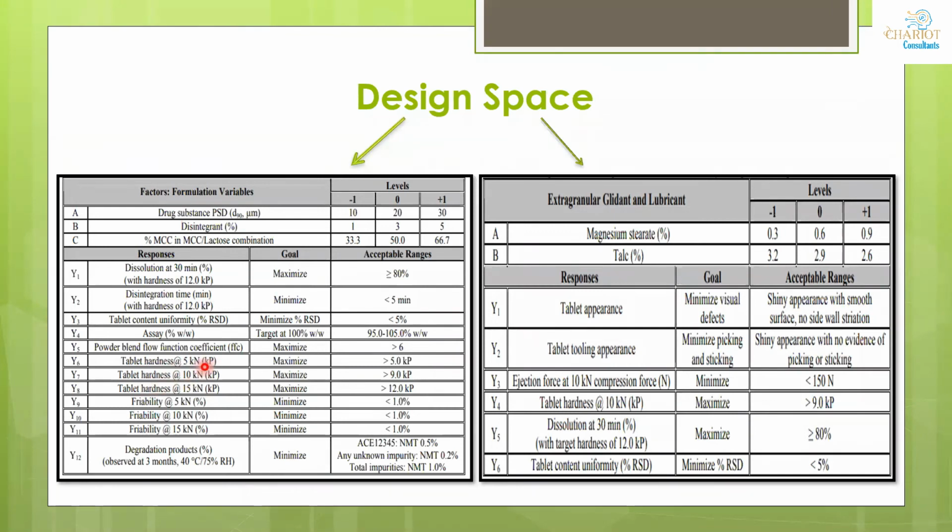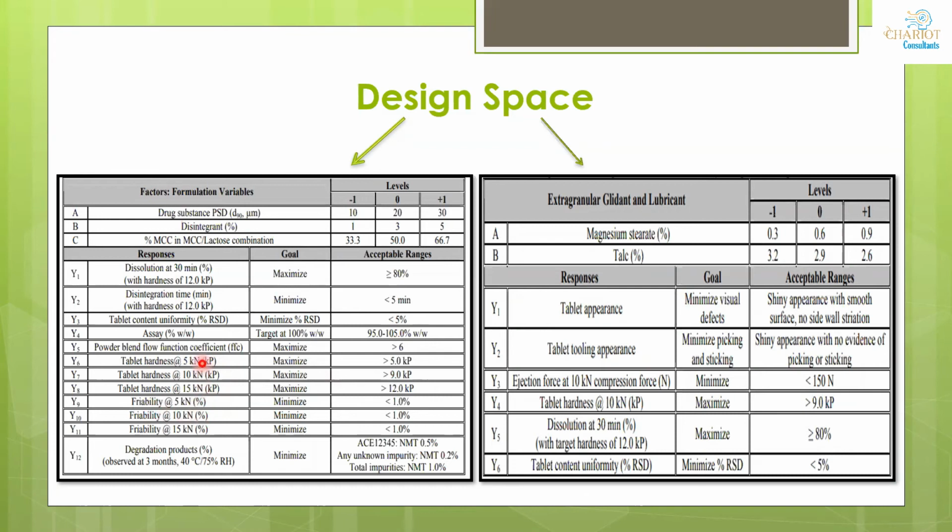This is the pressure that you have kept on your machine. If I put a certain pressure on the machine, that will decide my hardness. For example, in the machine you have put 10 kilonewton of force when doing the compression. What was your tablet hardness?